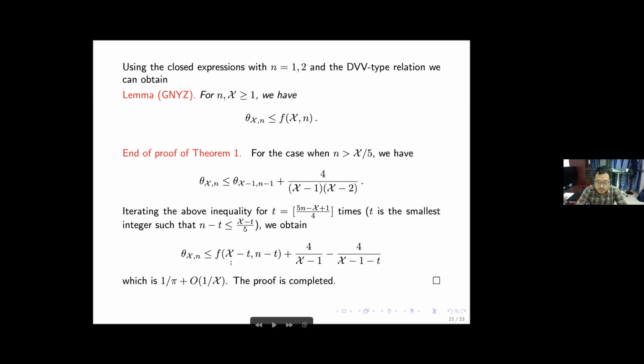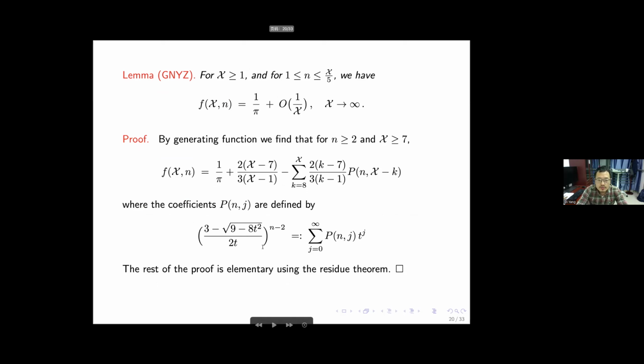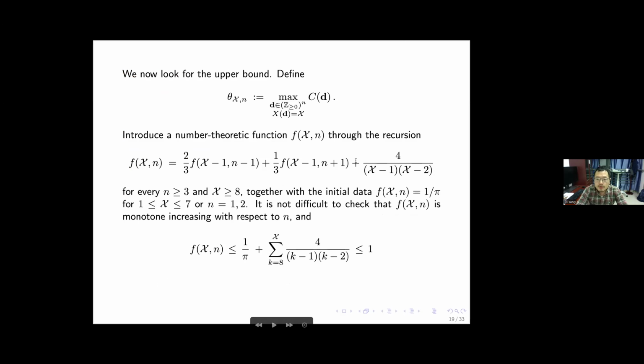Here I want to say that in Agrawal's original proof, because the normalization in Witten's case is not as good, here we have the complete uniformity. If we use this normalization, the function is better and the coefficient is also better. In Agrawal's case, we don't have this better shape for this recursion.